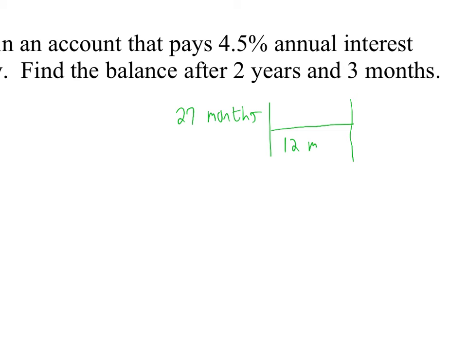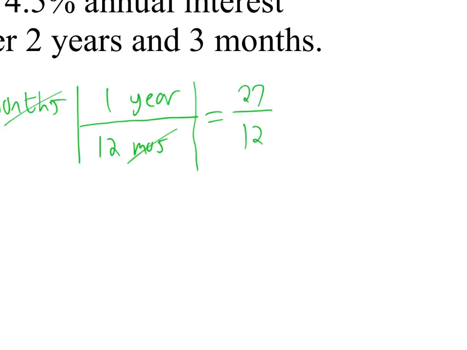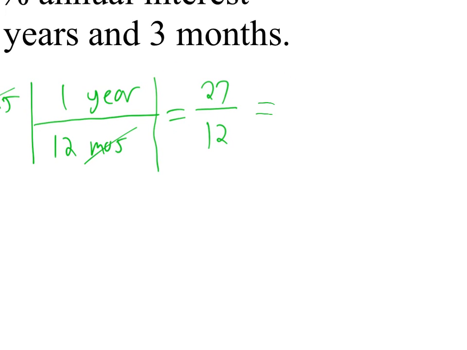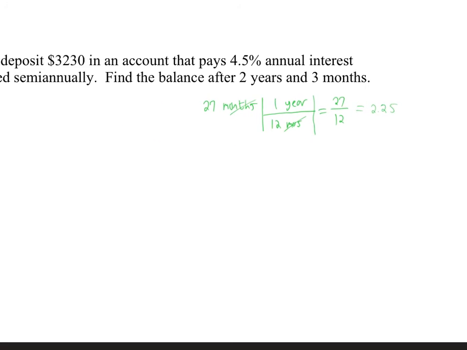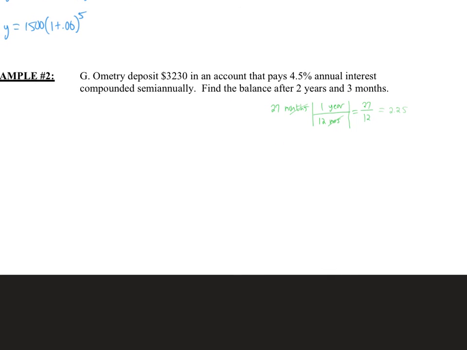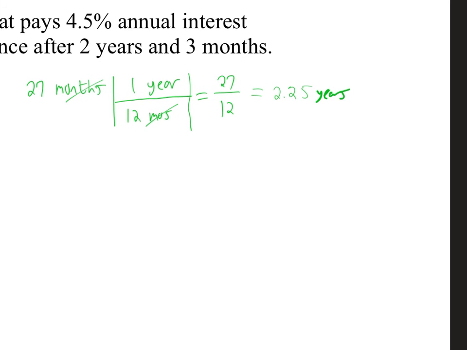We have 12 months in 1 year, so the months cancel. Multiply straight across and you get 27 over 12, which simplifies to 2.25. Because we need our answer to be in years, it's 2.25 years. All right, sounds good. That's our T.